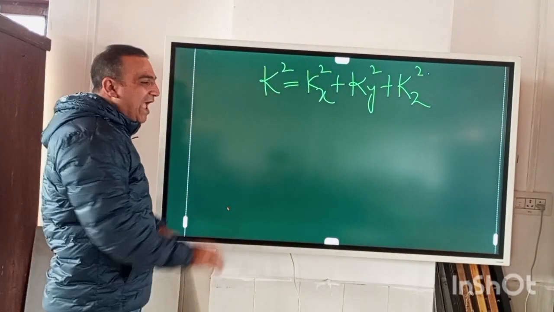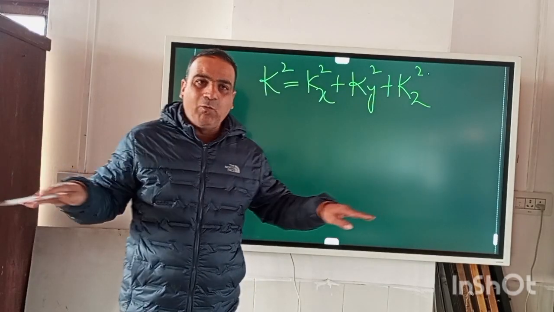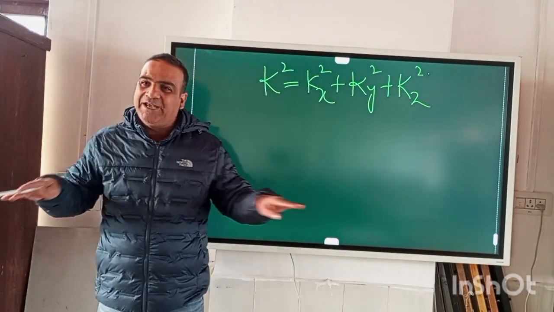Clear? So I will write down the whole Schrödinger equation in terms of these Cartesian coordinates, where I have separated out each coordinate from this equation.